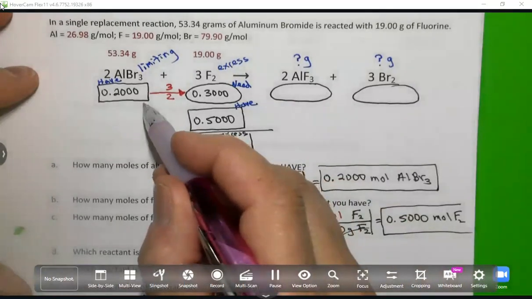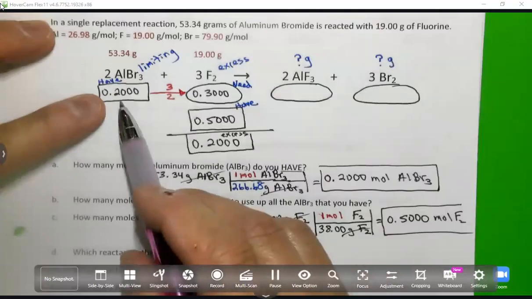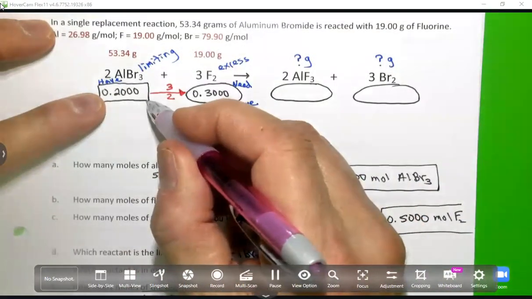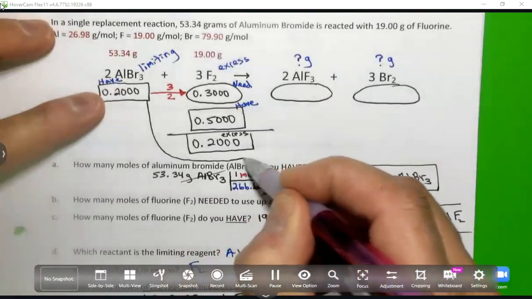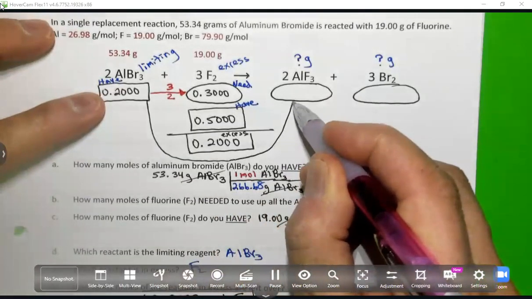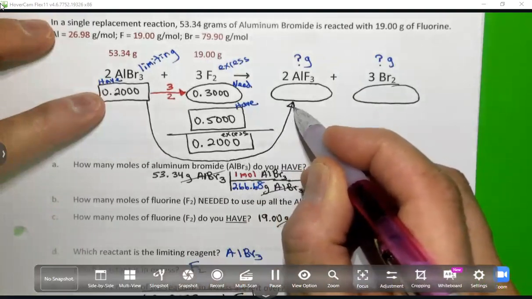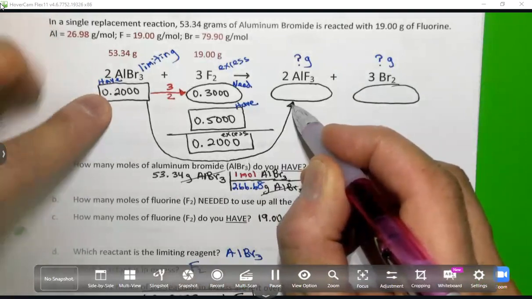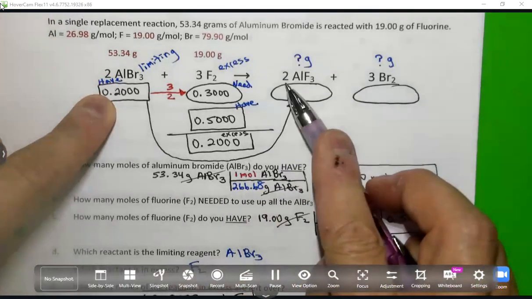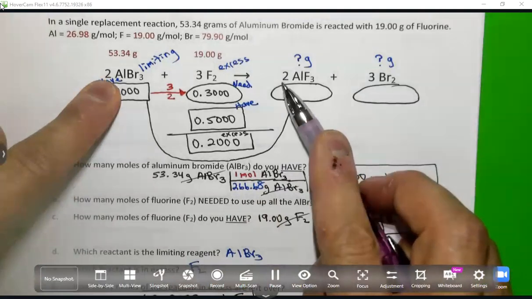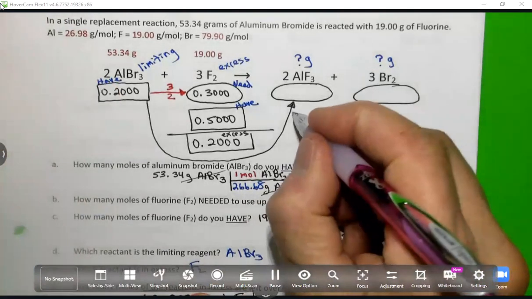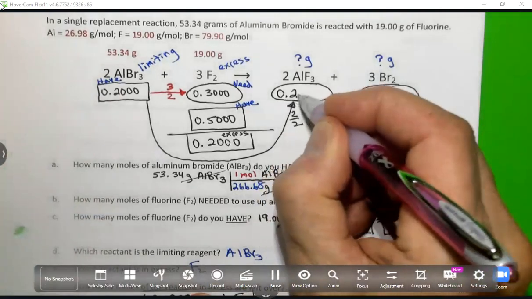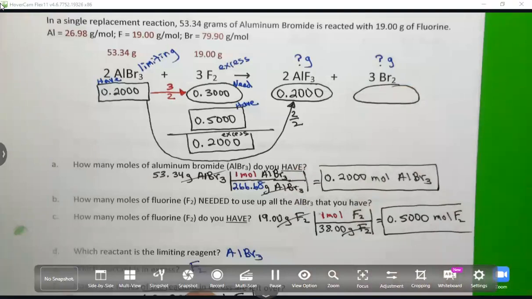So I'm just going to come off of this limiting box. It's either going to be this one or this one. I'm just going to draw my arrow way down here. Who cares? When I point my arrow right here to figure out moles, what's my mole factor fraction going to be for this one? 2/2, right? So 2/2 here, I'm going to produce 0.2000 moles of aluminum fluoride.